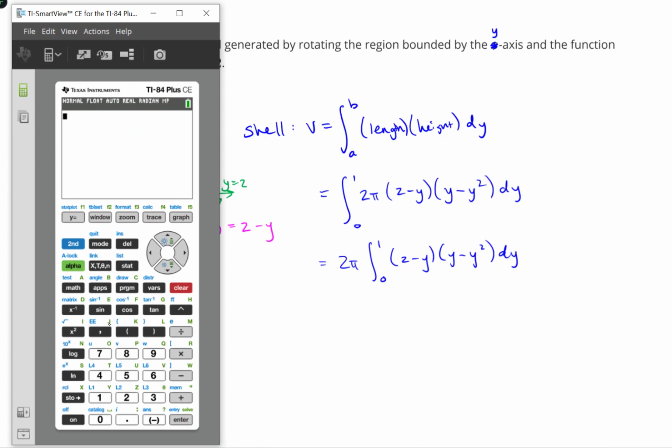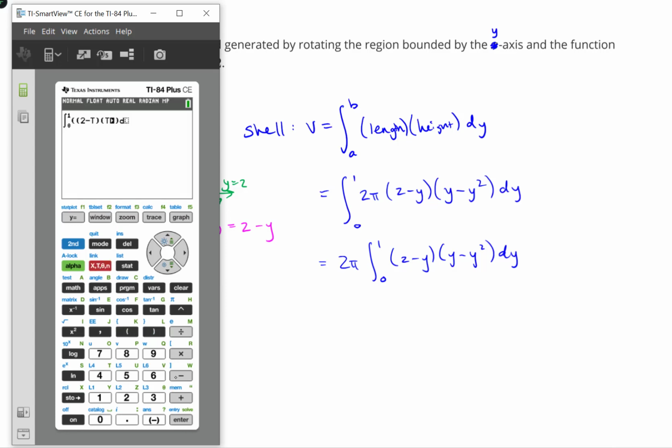So let's see, going from 0 to 1, and I've got 2 minus, I'm still in the parametric mode, so the variable for parametric equations is t. It's okay that you don't use x or y here, you can use any variable.